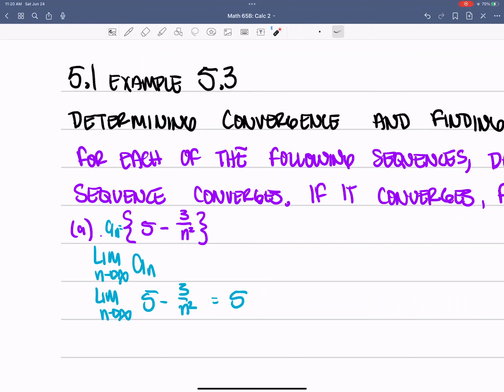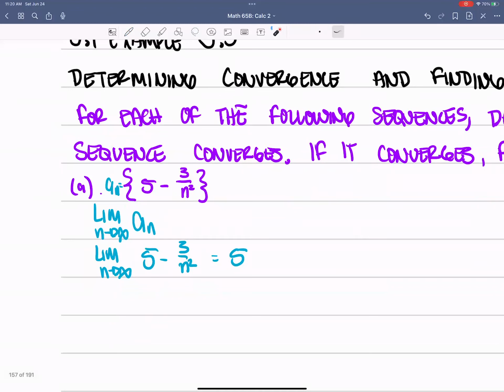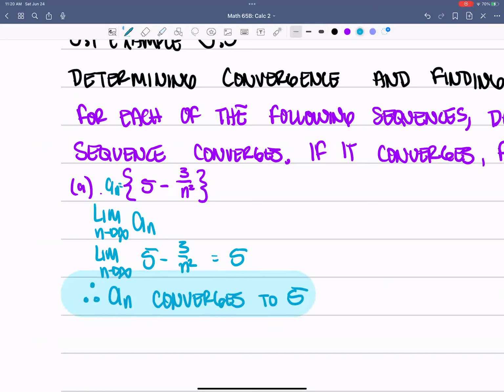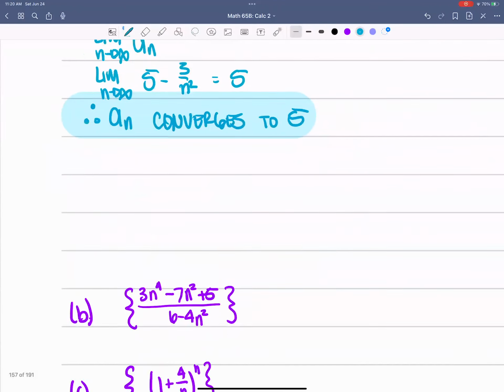So for our sentence here, we would say therefore, because our limit told us that we end up at the number 5, a sub n converges to the number 5. That's what we state here. And there we go.